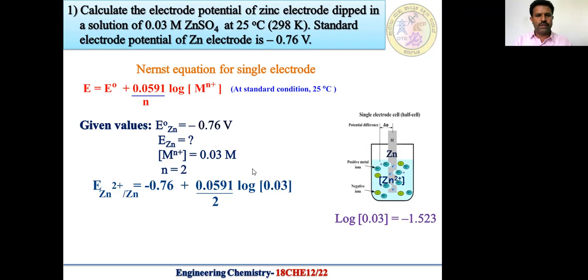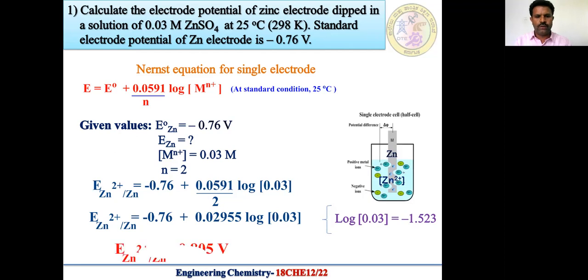So after substituting the above given values into the Nernst equation, and after the calculation, we will get the electrode potential of the zinc electrode equal to minus 0.805 volt.